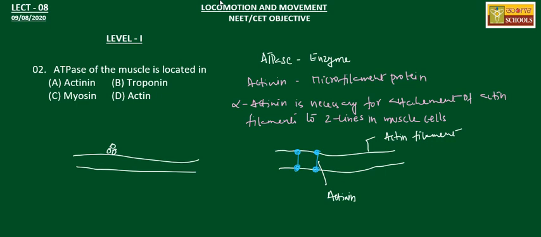Then coming to myosin, this is the head which actually binds with the actin filament. The myosin head has two parts, or two sides.